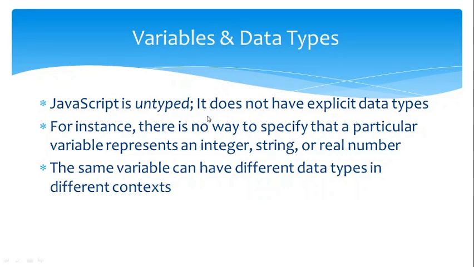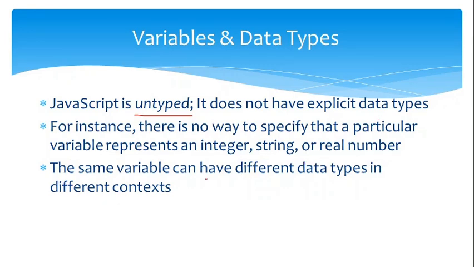Now, variables and data types. JavaScript is untyped. It does not have explicit data types. We don't have any explicit data type, whatever the data type we have to use. For instance, there is no way to specify that a particular variable represents an integer, string or real number.